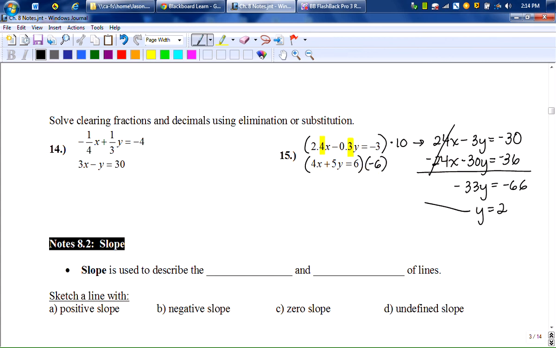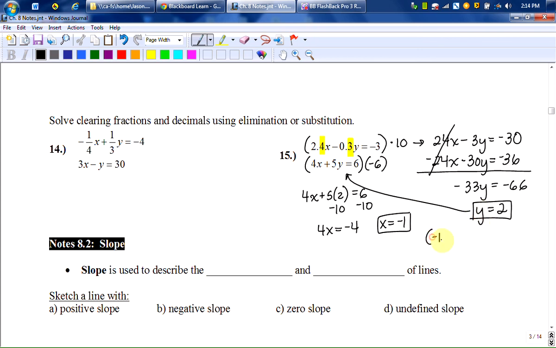I think it probably would be easiest to plug it into this one. And there are my 2, well, it's really 2 answers, but it's really 1 because it's a point, which is where these 2 lines intersect.